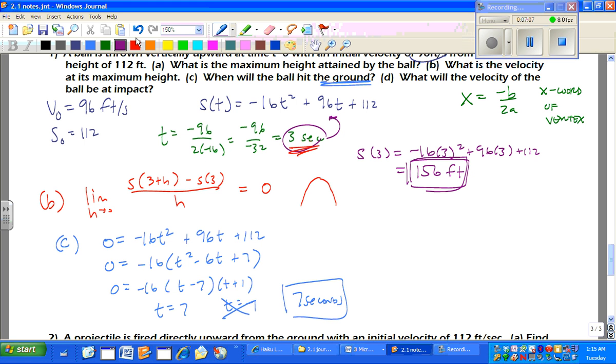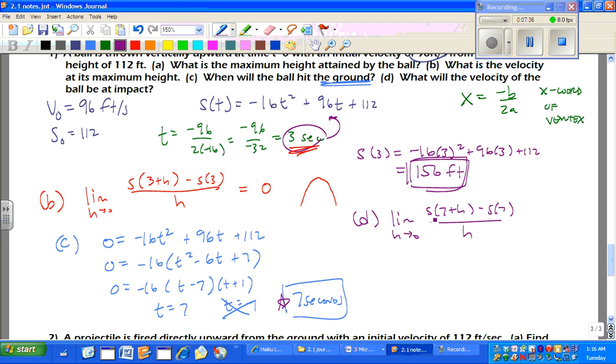Now, last part here for part D. What will the velocity of the ball be at impact? Now, we want to know the velocity at a specific time, at this time right here, 7 seconds. So we're going to take the limit as h approaches 0 of s of 7 plus h minus s of 7 all over h.